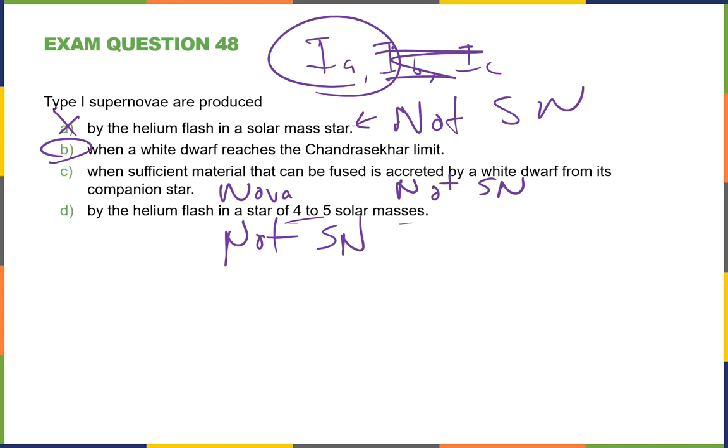I got the number wrong. Just if it's more than 1.4 solar masses at death. So not a white dwarf, but more than 1.4 solar masses at death. Then you crush the core, but you have a remnant for a type 2 supernova, a remnant that's not just gas. If it's less than 3 solar masses, you have a neutron star. More than about 3 solar masses, you'll have a black hole.